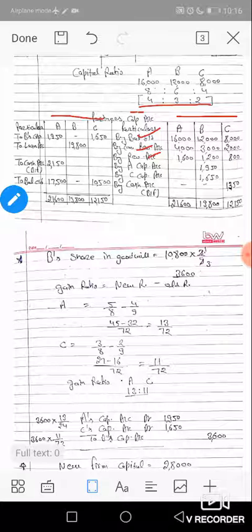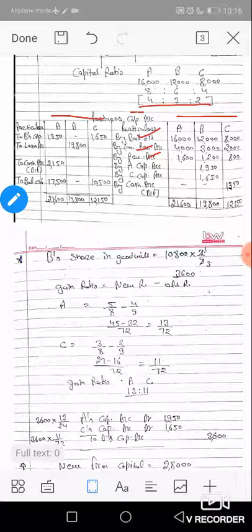Okay, our next adjustment is point number E from other information. Point number E: the goodwill of the entire firm is 10,800 and B's share is to be adjusted in the accounts of A and C. Yes, goodwill adjustment of retiring partner.